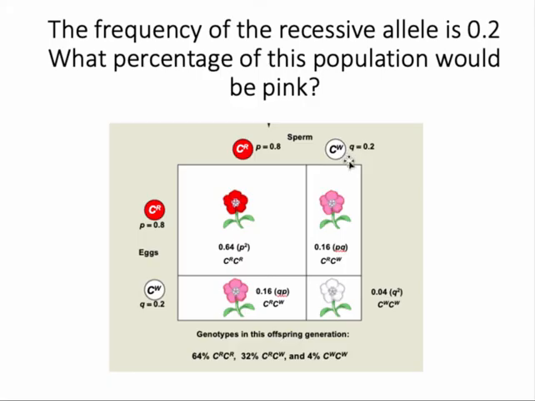The chances of a heterozygous is one recessive allele with one dominant allele, or one dominant allele with a recessive allele, which are qp or pq, and those two add together, so this is 2 times pq, giving us the percentage of heterozygous in the population. And the chances of two recessive gametes coming together is q squared, and that gives us the proportion of homozygous recessive in the population.